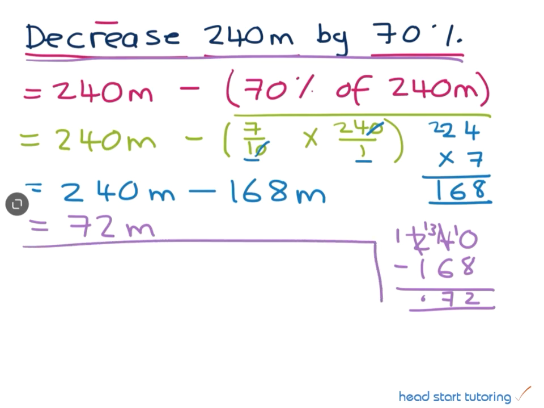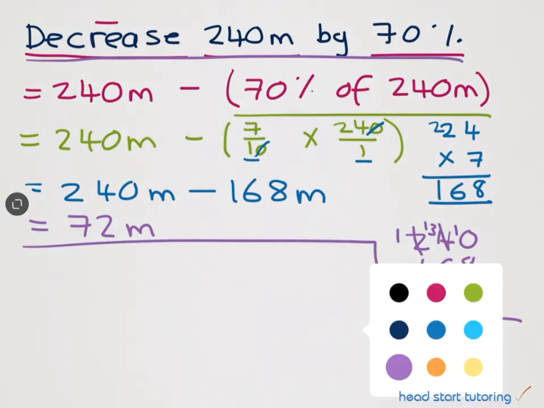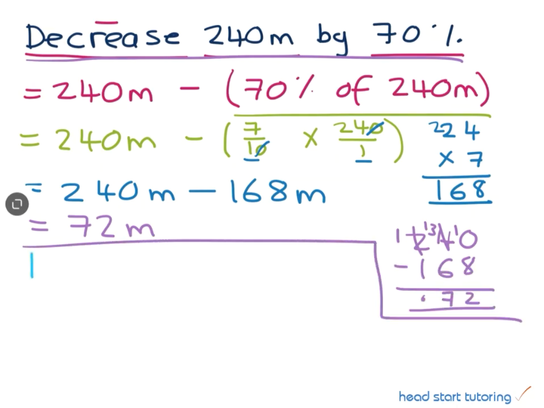Right. Now, if we understand that 1 whole is equal to 100%, then 240 meters is 100% of 240 meters.